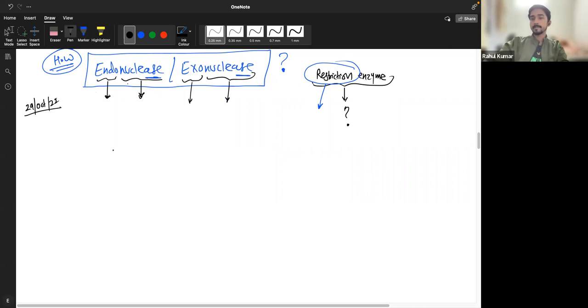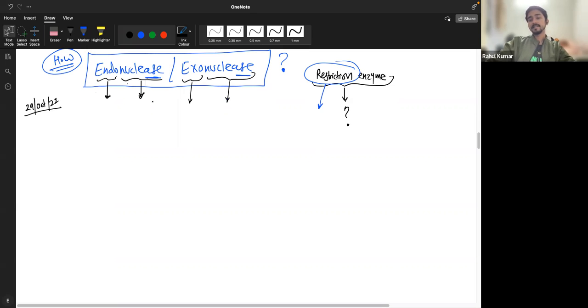Also, there was an experiment done by Avery, McLeod and McCarty, right? Where they used nucleases, specifically DNases, to see that Griffith's transforming principle no longer held true.